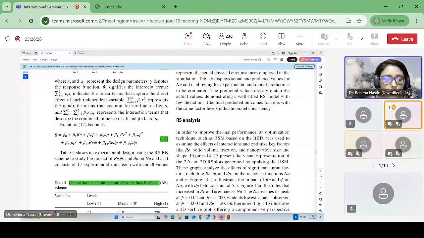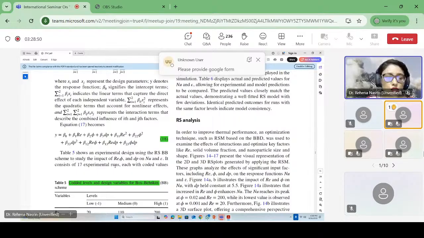So there are two dependent variables, thermal efficiency and average rate of heat transfer, and three independent variables: fluid velocity variation, phi, that is solid volume fraction, and DP, that means nanoparticle size.